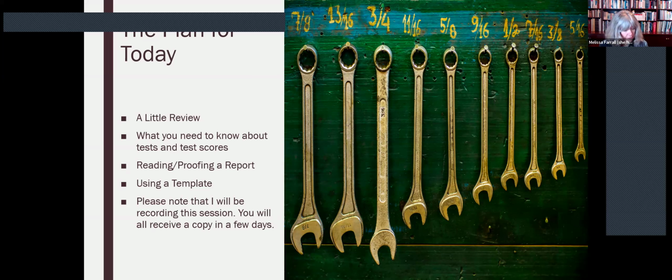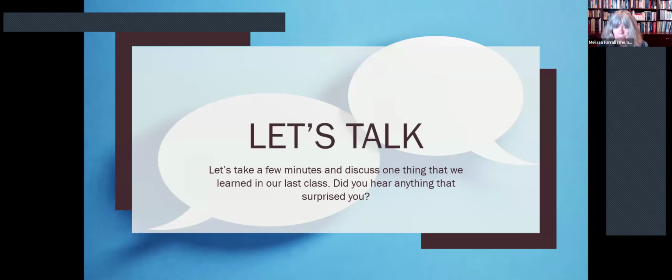So that was sort of my plan today. But first, we're a small group. I was going to divide us into groups, but I thought we would begin with a little bit of discussion of something that you learned last week, something that surprised you, discouraged you, distressed you, or just made you deliriously happy.